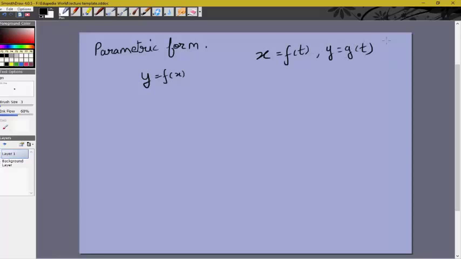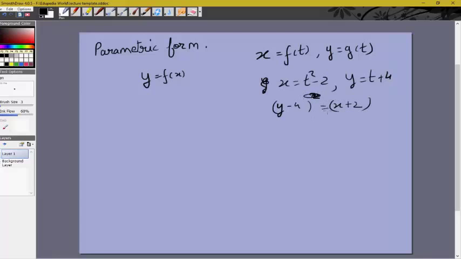By eliminating t from these two equations, you can always get the relation between x and y. For example, let's say x is equal to t squared minus 2 and y is equal to t plus 4. Here x is a function of t and y is a function of t, so obviously we can get y minus 4, which is t, whole squared is equal to x plus 2, which is t squared.